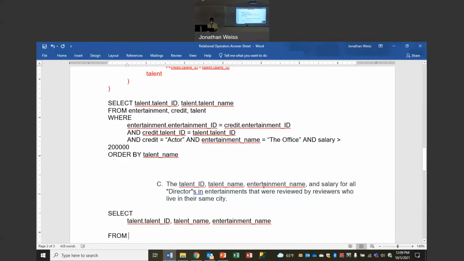And what I'm going to take it from, if I look at this, I know I need talent because I have the talent name. I know I need entertainment because I have the entertainment name. I know I need credit because a director is a credit. I know I need reviewers because I need the reviewer's city. So I need a lot of this stuff. And if I have reviewers and entertainment, I need review because review is what connects reviewers to entertainment.